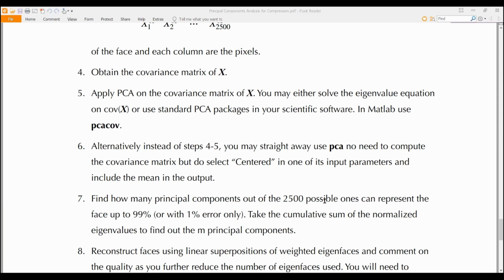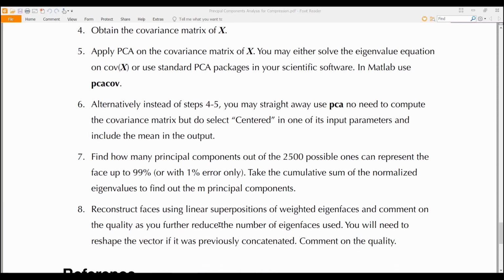And then you take a cumulative sum of these normalized eigenvalues and then find out where it reaches 99% out of these 2,500 possible ones. Then you see that, okay, we can stop here and then cancel all the rest after 99%. So that's where the reduction comes in.